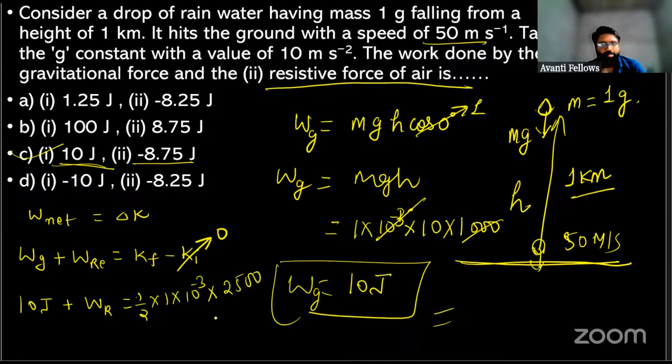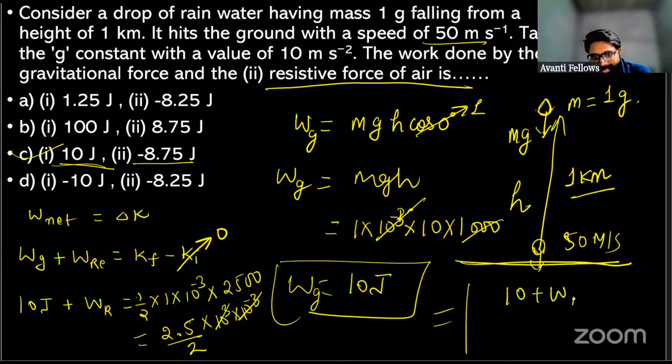Okay. So we can say that this is 2.5 into 10 raised to the power 3, 10 raised to the power minus 3. ये cancel हो गया, divided by 2. Sorry guys, this is the lack of space.